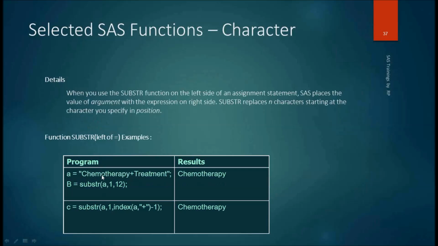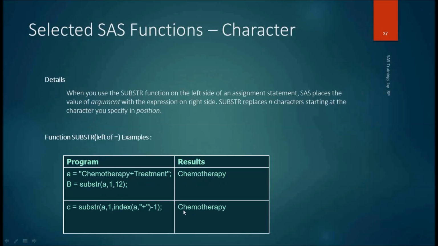A has the source information and the starting position is 1, because I have to read this variable starting from 1, and the number of characters is 12. If you count chemotherapy, 1, 2, 3, 4, 5, 6, 7, 8, 9, 10, 11, 12, I have to read till the 12th position. That's why the number of characters is 12. So as a result, we'll get chemotherapy.